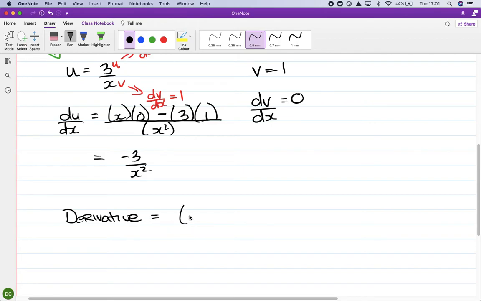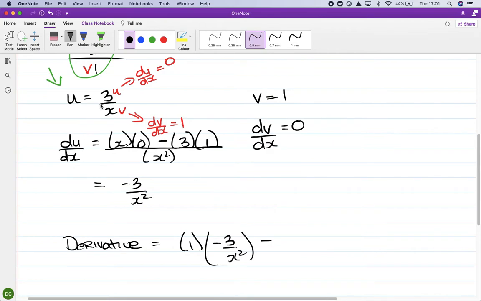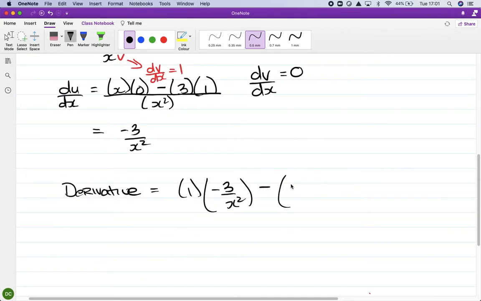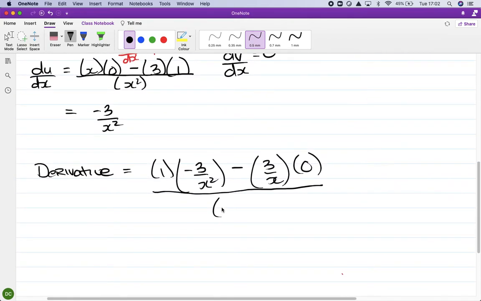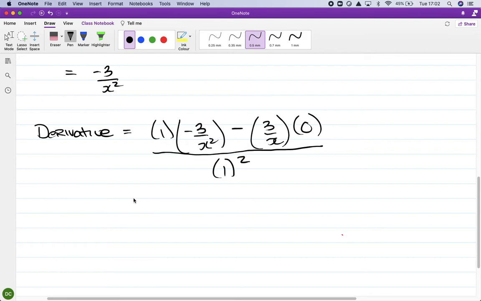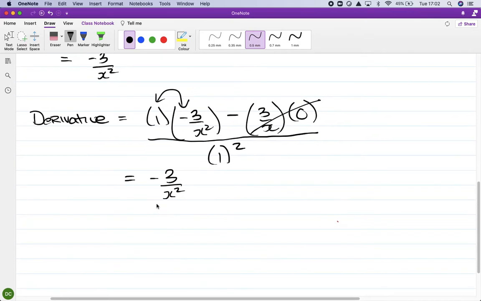It's v du dx minus u, which is 3 over x, by dv dx, which is 0, over v squared, which is 1 squared. So these two multiplied together is minus 3 over x squared. This is gone, and this is over 1, so that doesn't matter. So it's just minus 3 over x squared is the derivative.